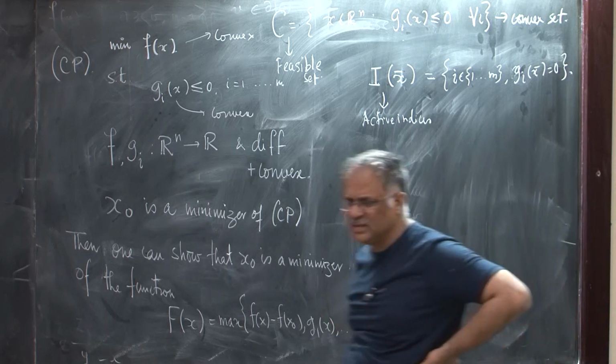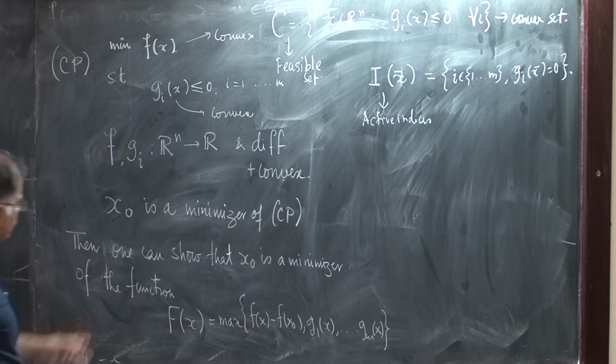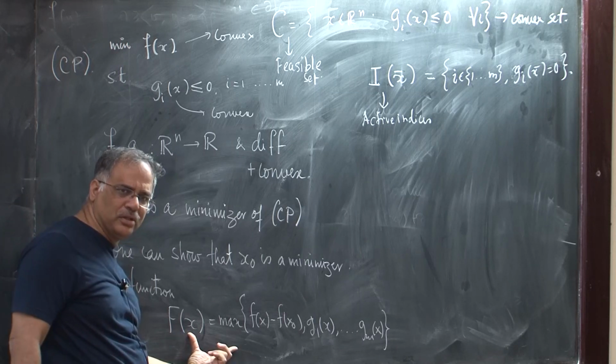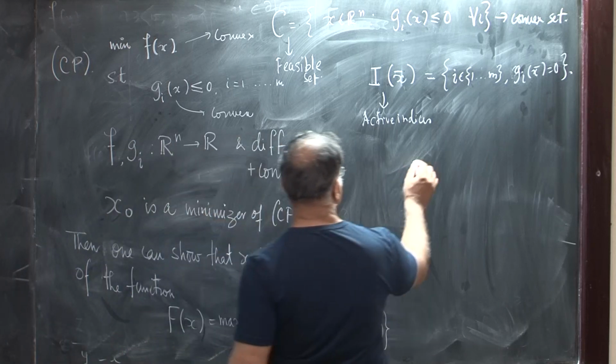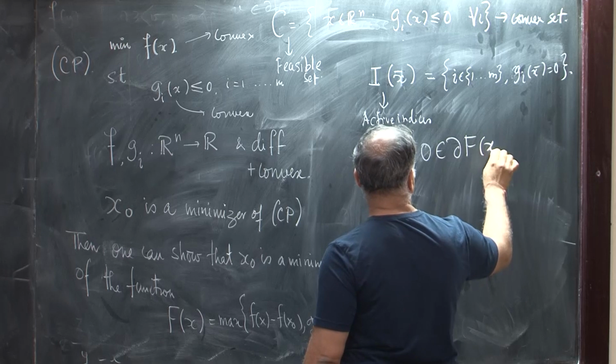You will see why this is important. Just for the moment, let's take that this set is being used. Now, if x naught is a minimizer of this function, I know that the optimality condition is 0 is an element of the subdifferential of f at x naught.